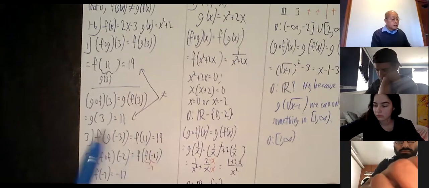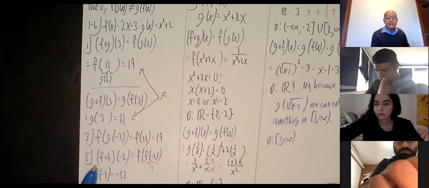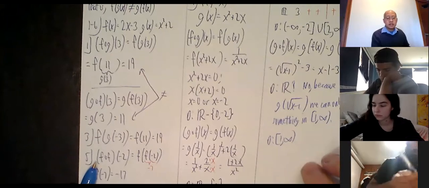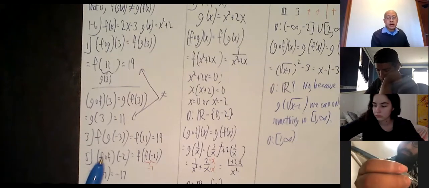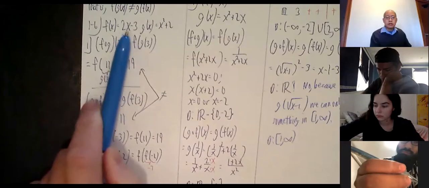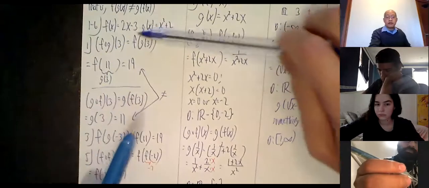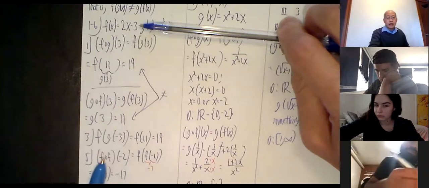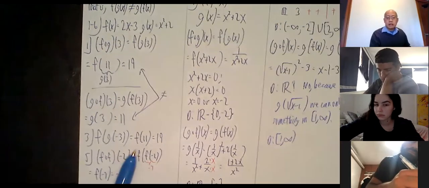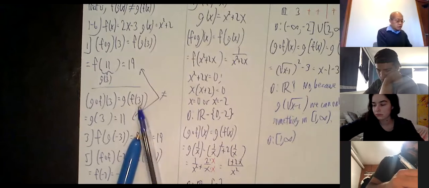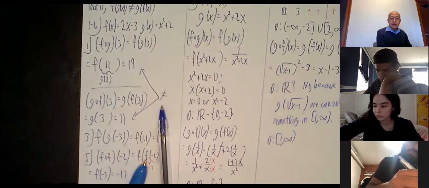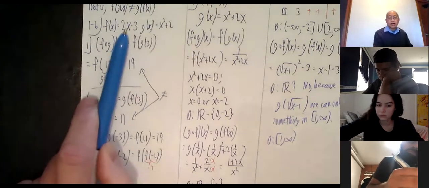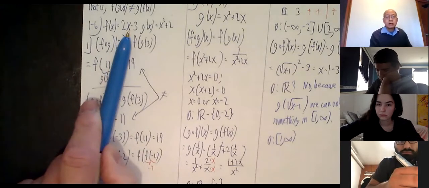Now, you can apply a function to itself, f of f, or g of g. So when it says f circle f of negative 2, we're using this function twice. We're ignoring g. We're only looking at this. So f circle f of negative 2 means f of f of negative 2. First I figure out f of negative 2. In my notes I say negative 7. How do I get negative 7? Put negative 2 right there. 2 times negative 2 is negative 4.